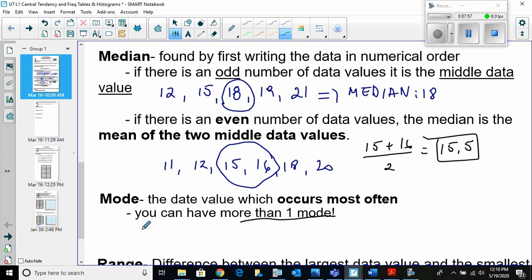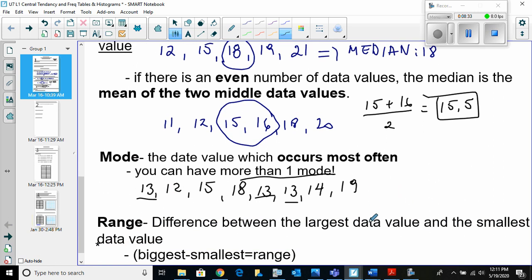But in an example, let's suppose that we have 13, 12, 15, 18, 13, 13, 14, 19. Then, as we see here, number 13 appears the most. That means that we are dealing with a single mode, and the mode is 13.